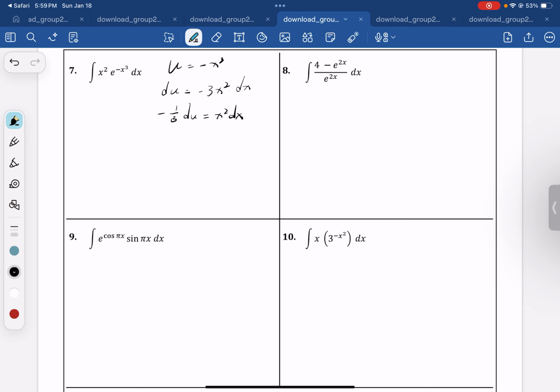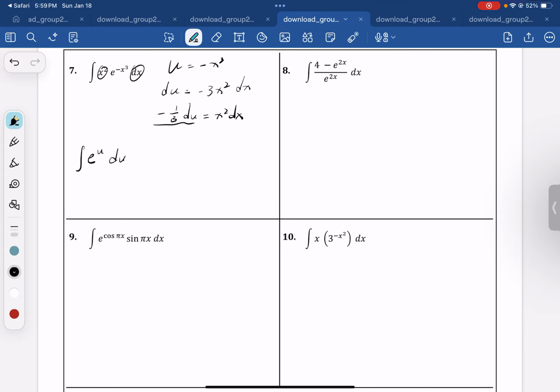And obviously, here's x squared and dx, so we can substitute them with du. So the indefinite integral becomes the indefinite integral of e raised to the power of negative x cubed, here we substitute as u and du.